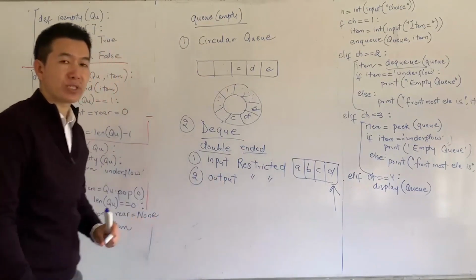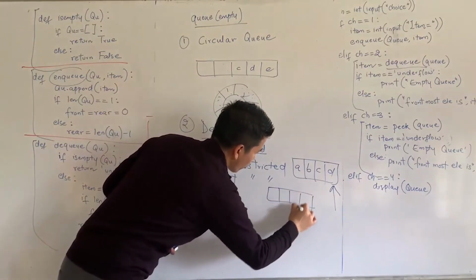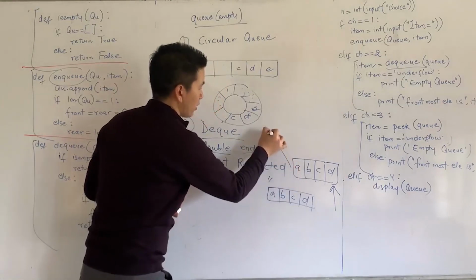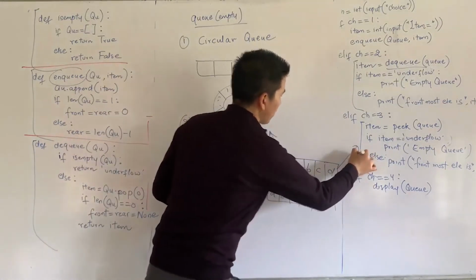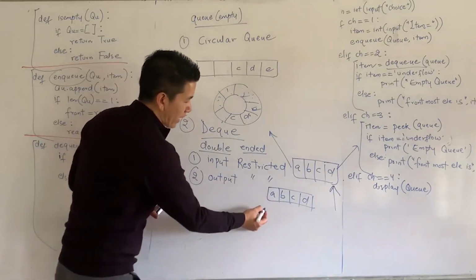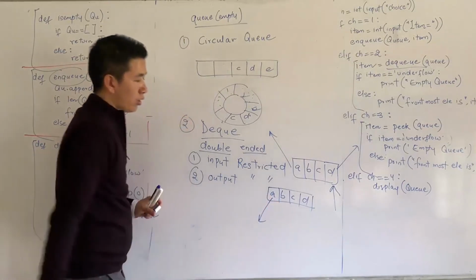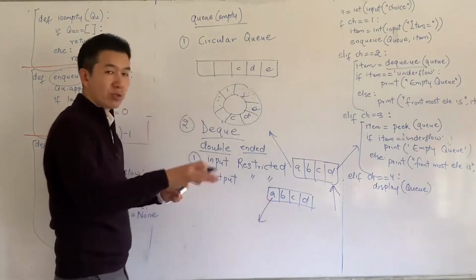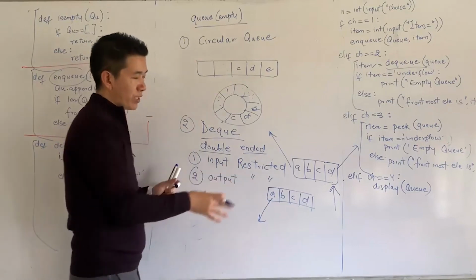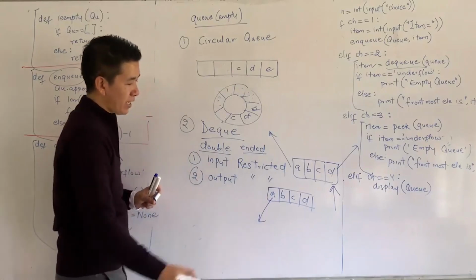And then in output restricted, what happens is, let's say again you have A, B, C, D. So I'll just write something like this. The insertion could take place at both ends. In output restricted, you can do the removal from only one end. So the removing generally takes place at the front end. Output restricted means the removal can take place only at the front end.